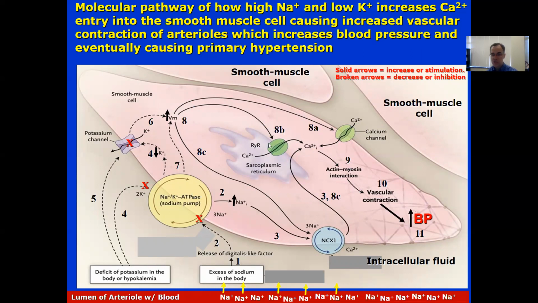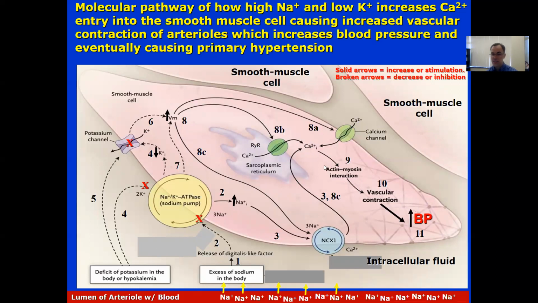Well, depolarization is going to cause the ryanodine receptor calcium channels to open, and calcium is going to move out of the sarcoplasmic reticulum and into the rest of the vascular smooth muscle cell. Likewise, the depolarization is going to upregulate the sodium-calcium exchanger 1, allowing more calcium to enter from the intracellular fluid.